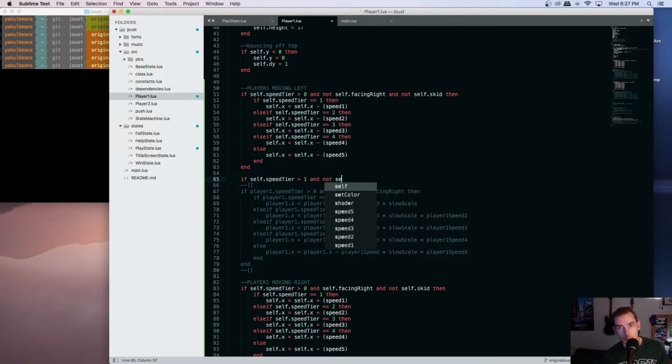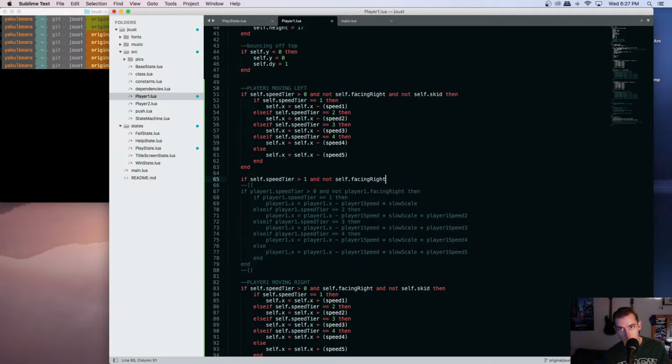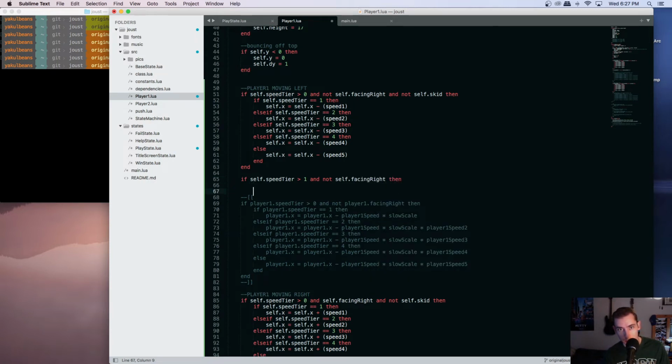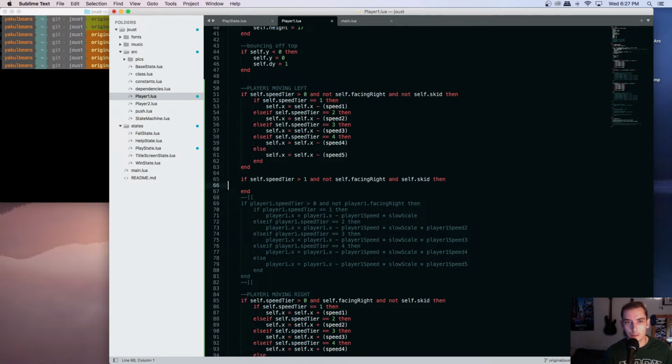and facing left, and the flag is set, then implement the skidding, which depends on its speed tier.